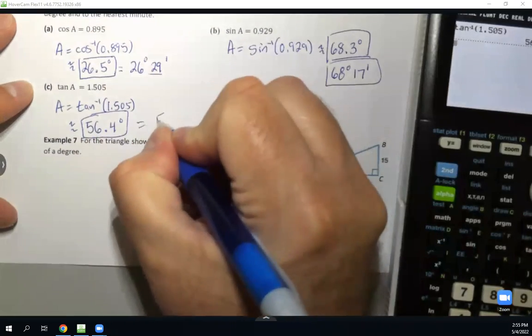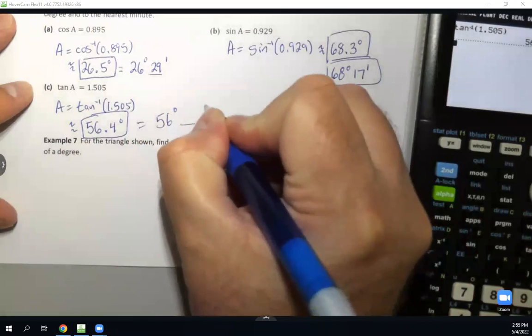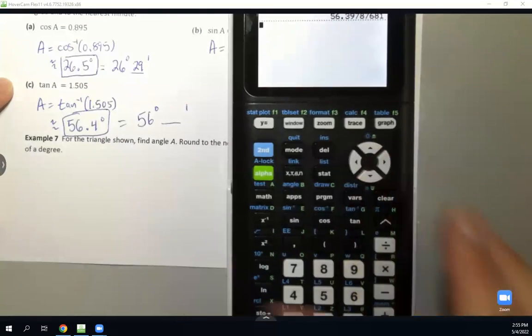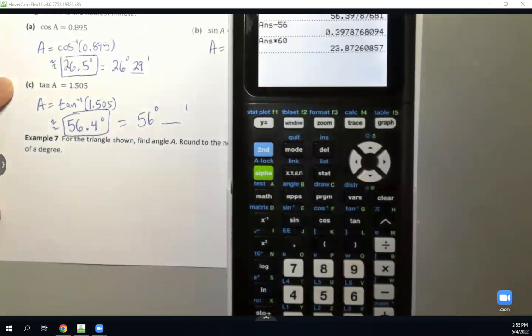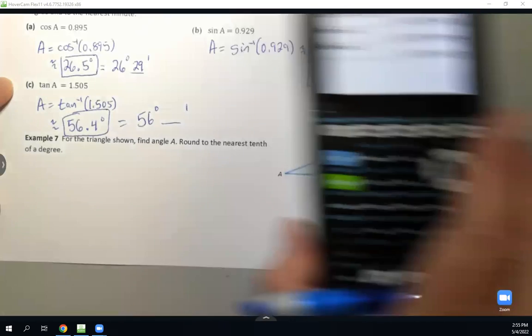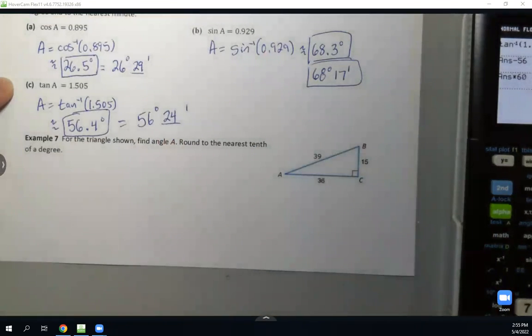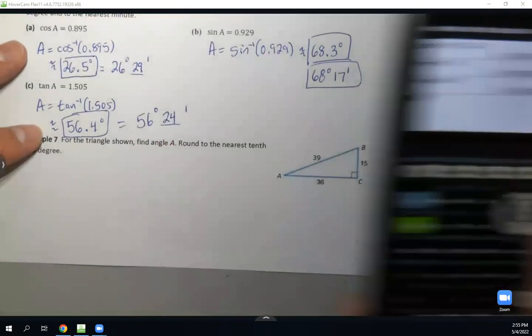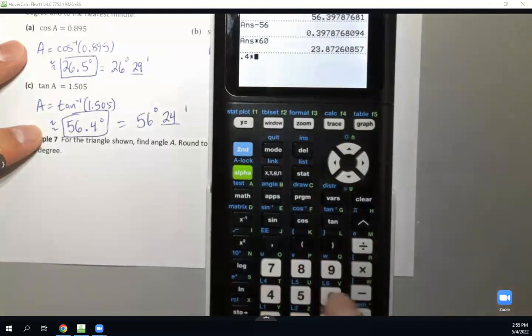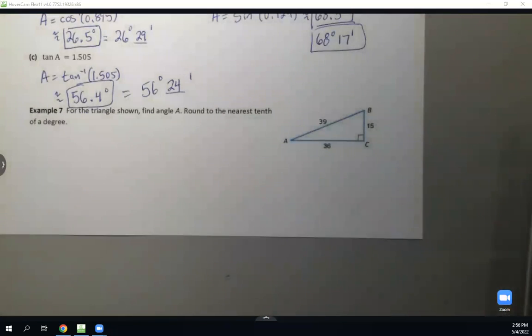Or that's going to be 56 degrees and some odd minutes. So if I subtract off the 56 and multiply by 60, that's about 24. In this case, had I used the 0.4 times 60, I would have still gotten 24. So it wouldn't have been a problem on that one. But as you've seen, it can be a problem.